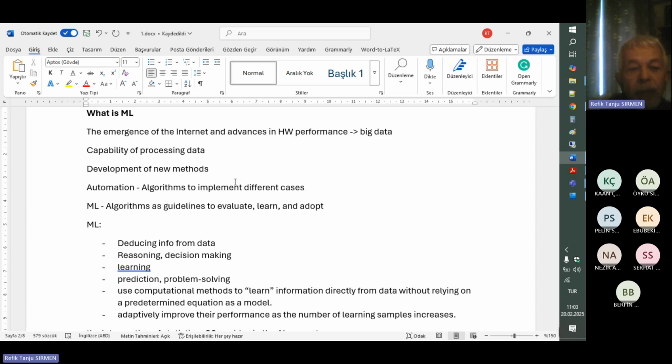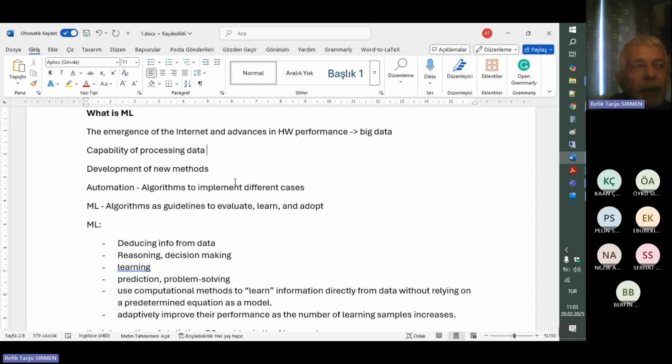But when it comes to machine learning, it's totally different. The approach is totally different. Instead of providing the direct solution, which is the algorithm, step by step, for that problem, whatever the problem is, we just give the machine, through algorithms of course, guidelines.